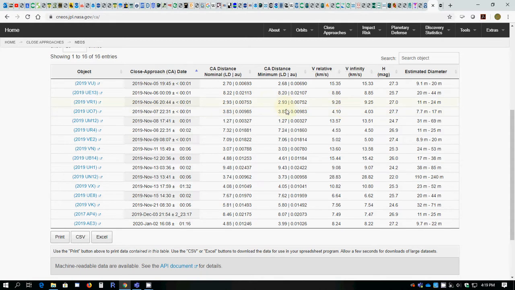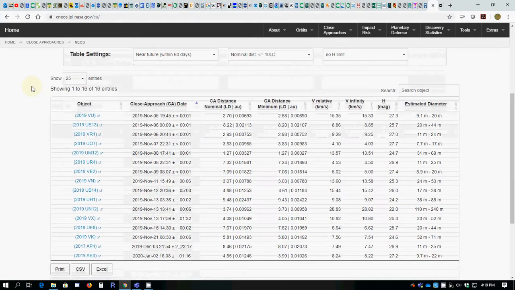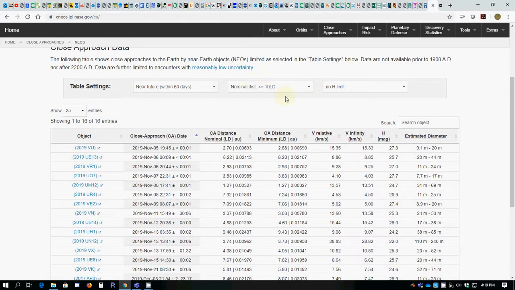Anyway, the question I set out to answer is what's the closest encounter? So once I have a reasonably short list of objects that will pass fairly close in the next 60 days, I can quickly get the answer I want by clicking on this and sorting.